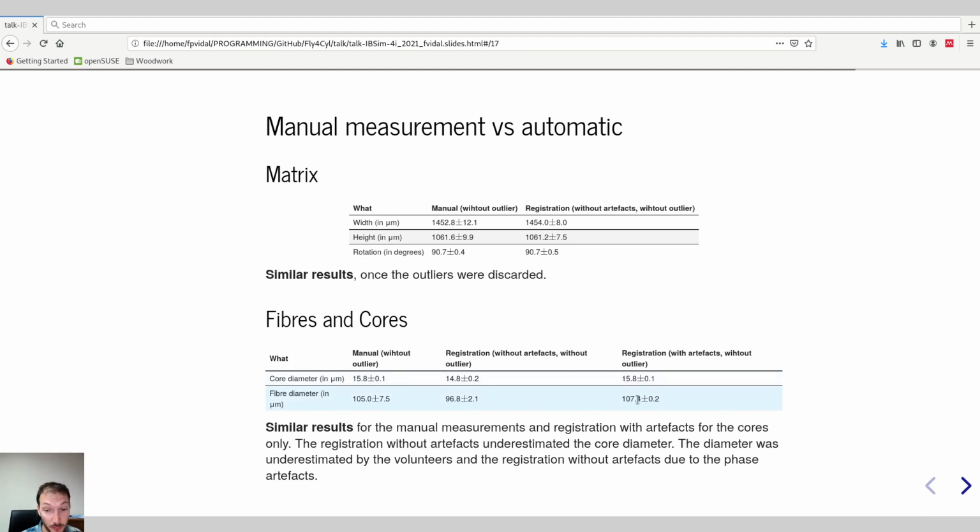So this is actually our baseline. So without artifacts, this is not very good. The code works well. However, it seems that the volunteers underestimated the size of the fibers due to the phase artifacts.